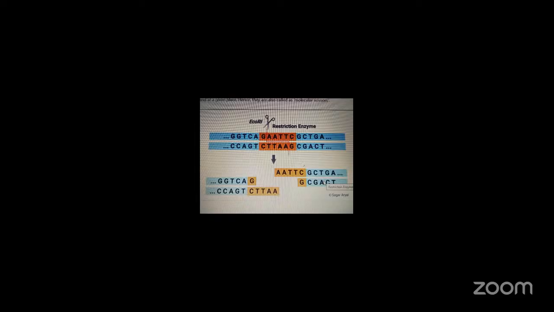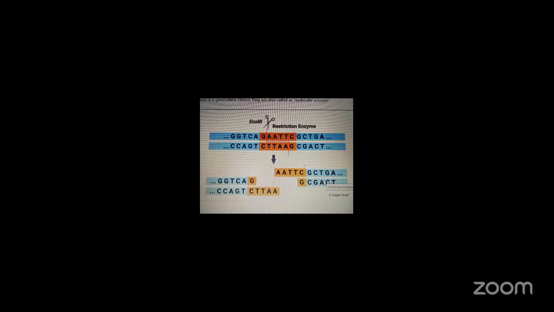Another topic is the applications of restriction endonuclease. Restriction enzymes can be isolated from bacterial cells and used in the laboratory to manipulate fragments of DNA, such as those that contain genes.